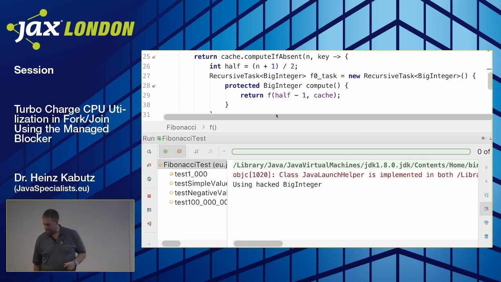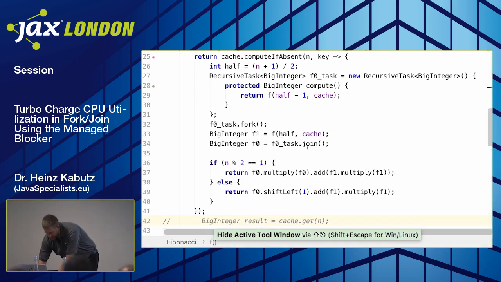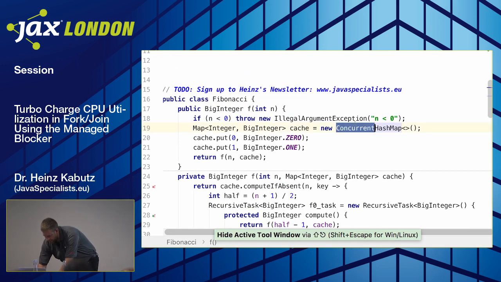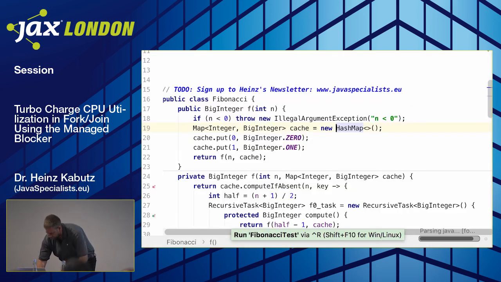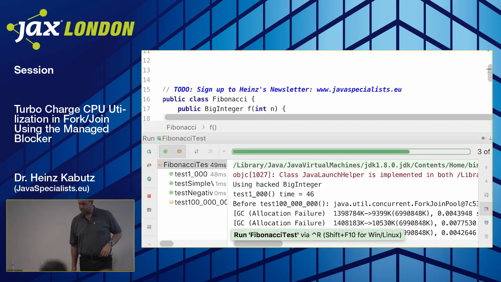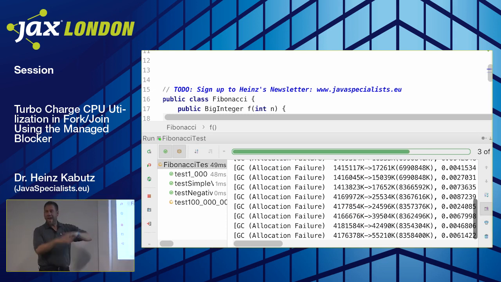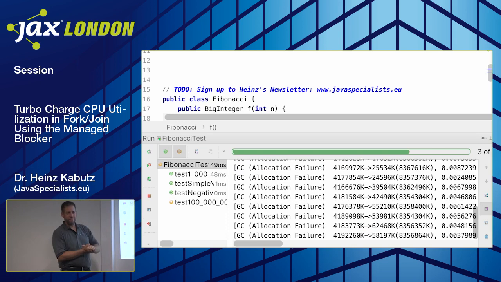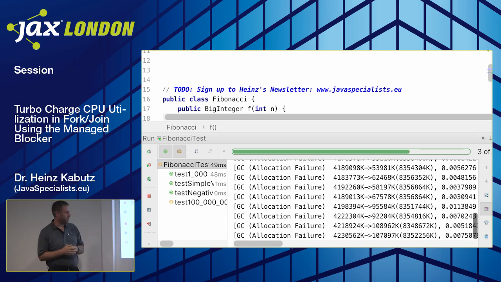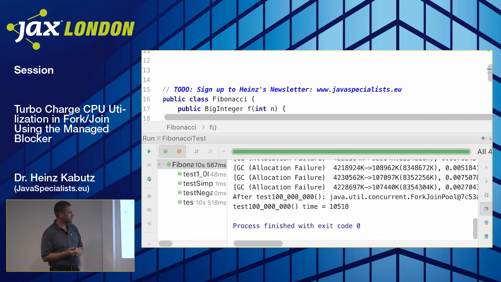Now, what's funny is if I change this to a HashMap instead of ConcurrentHashMap, it probably will work. Of course it's not correct because it's not thread safe, but it's working because I don't have that many threads hammering the map at the same time. So it works without failure, but it's also incorrect.